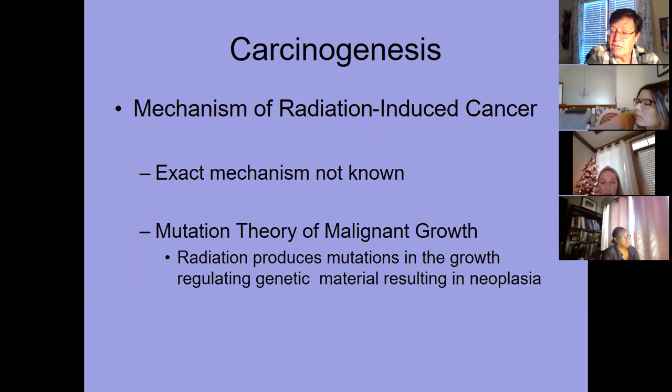So they're going from a high level of differentiation to a lower level of differentiation, and their mitotic rate is increasing. So cancer cells, since they're more rapidly dividing, more poorly differentiated, we could treat them with radiation therapy. So anyway, we don't really know why radiation causes cancer, but this is what has been theorized.